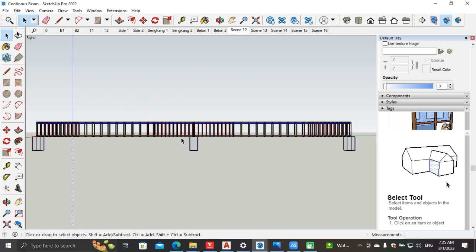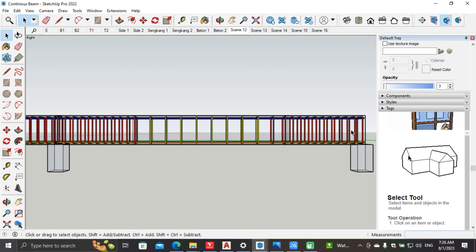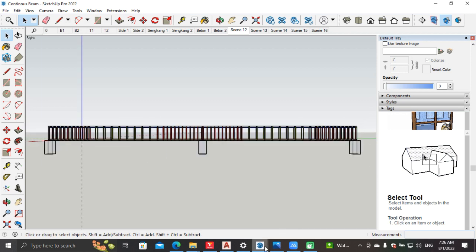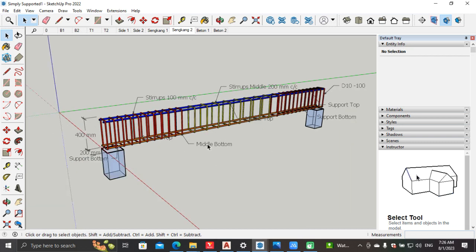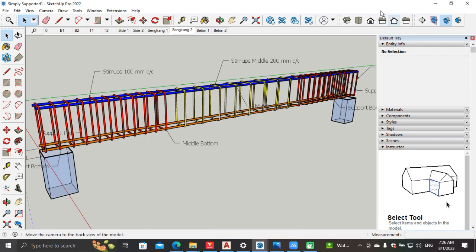This is the first drawing you have to draw. You have to show the bottom reinforcement, and you can just label it. You can show the top reinforcement, and you can just label it. You can also show the stirrups, that is, a dimension of the stirrups. Something like, for example, here you can.